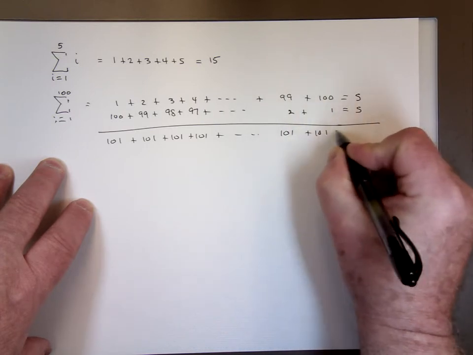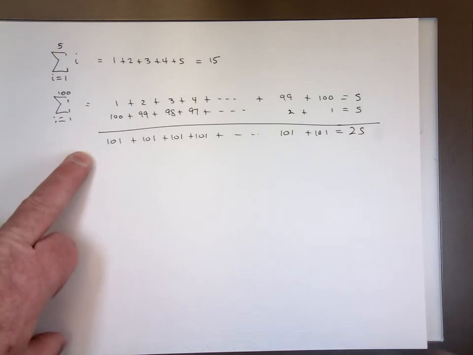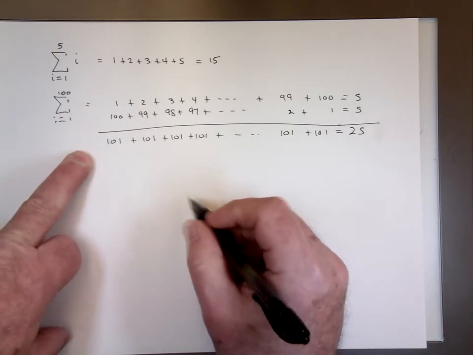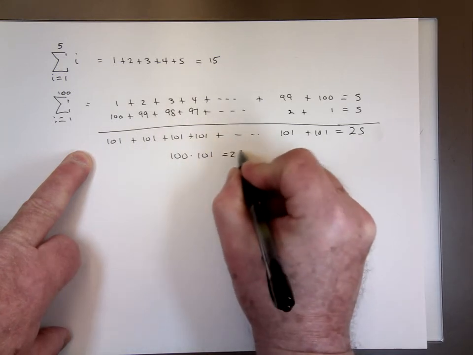I have 2S. And how many 101s do I have here? 100, thank you. I have 100 101s. That's 2S. Divide by 2.